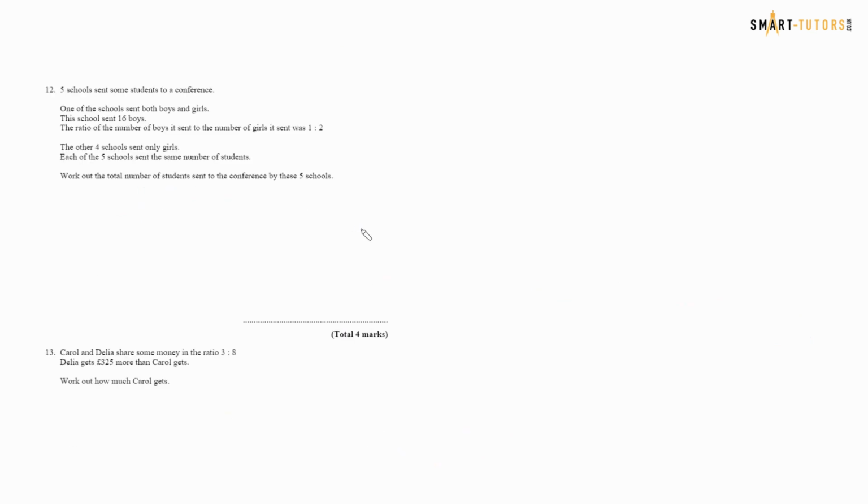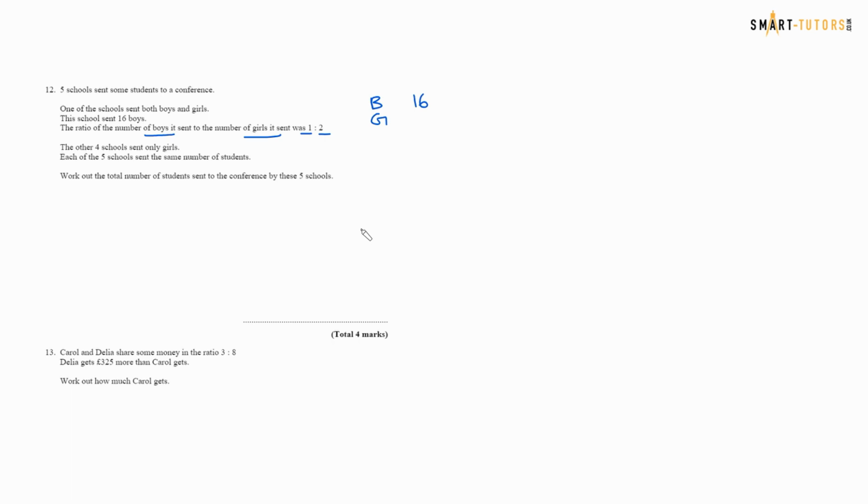So question number 12. 5 schools sent some students to a conference. One of the schools sent both boys and girls. So one school sent boys and girls. This school sent 16 boys. So 16 boys go into that conference. The ratio of the number of boys to the number of girls is 1:2.